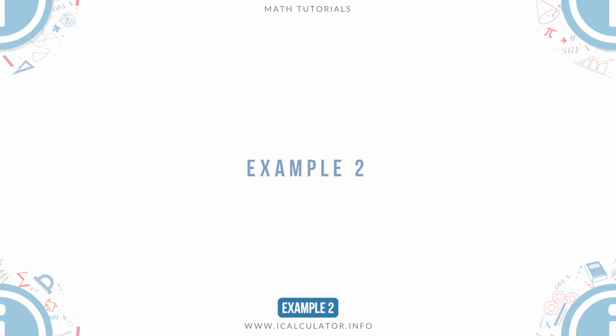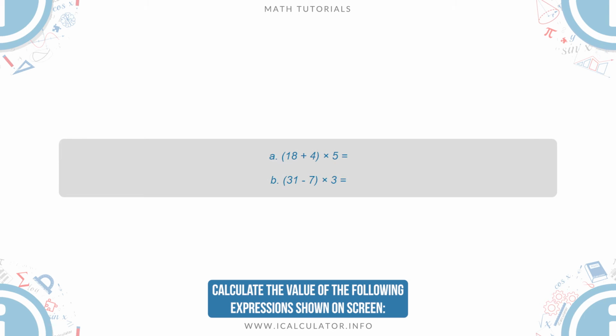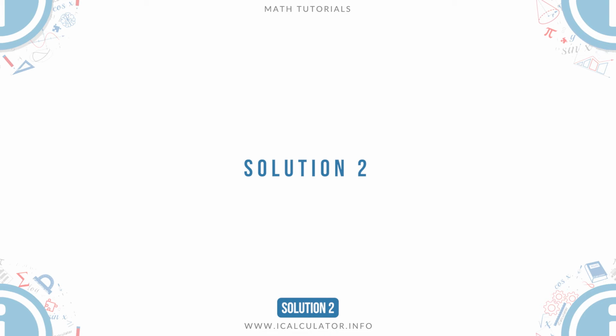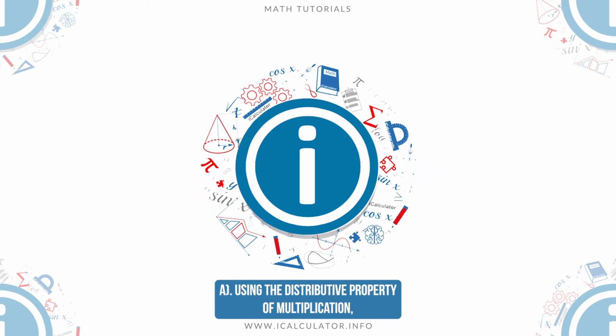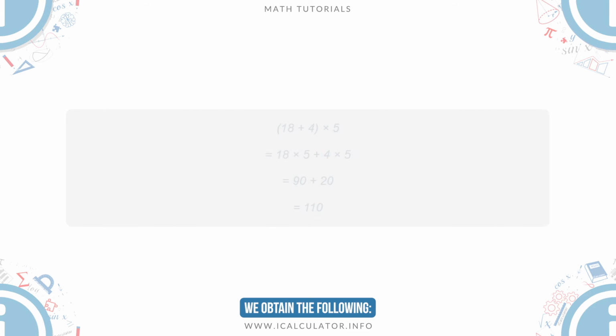Example 2. Calculate the value of the following expressions shown on screen. Solution 2. A. Using the distributive property of multiplication, we obtain the following.